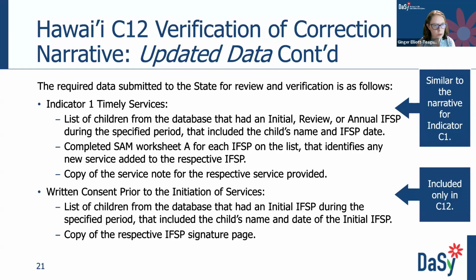They did a worksheet review to check that each IFSP had been reviewed and so forth. And then they provided a similar description of the data they looked at for that written consent finding. So you can see the differences between 1 and 12 here. There are some similarities between the two. You have to summarize what was in indicator 1, but there are differences in the level of detail.